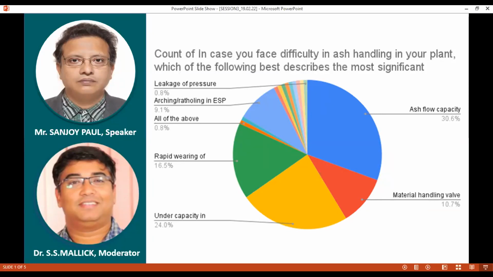Actually, whenever you are conveying ash through a pipeline and a valve is there, it is a tendency of the ash to settle between the seals. The edge of the valve generally sits in the seal gap when it is clean. But when it is not clean, when it is open, some ash gets deposited in the gap.